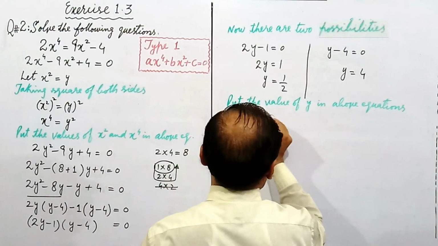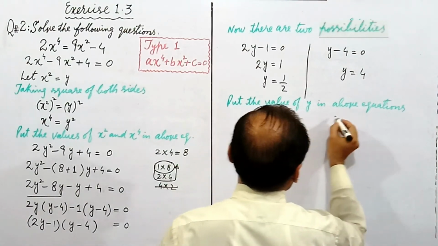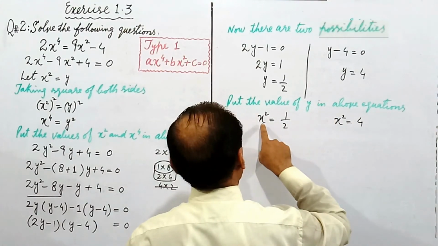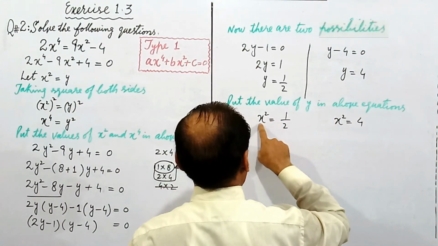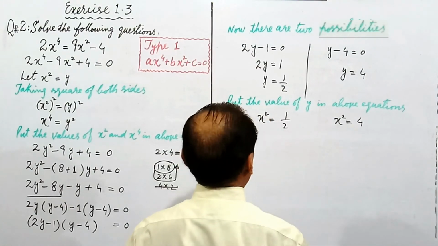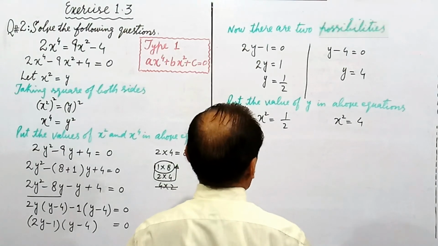We have x square is equal to 1 over 2 and x square is equal to 4. As we are required to find the solution and we have x square but not x, it means we have to remove this square. So we take the square root to remove it to find the solution.